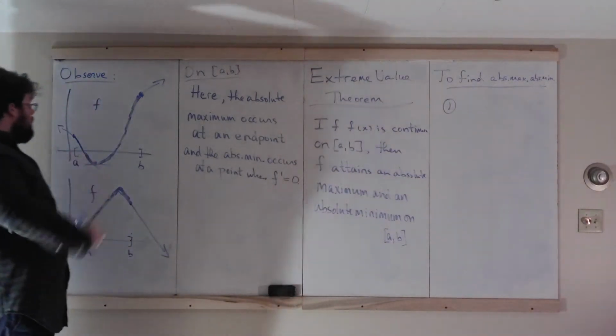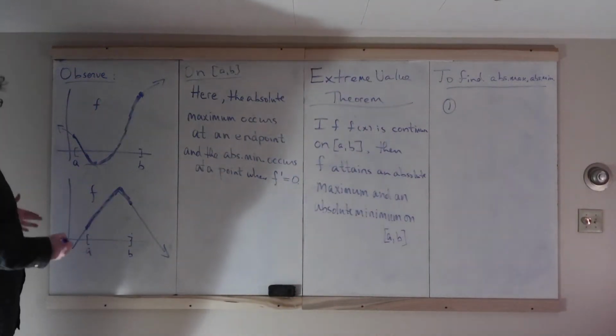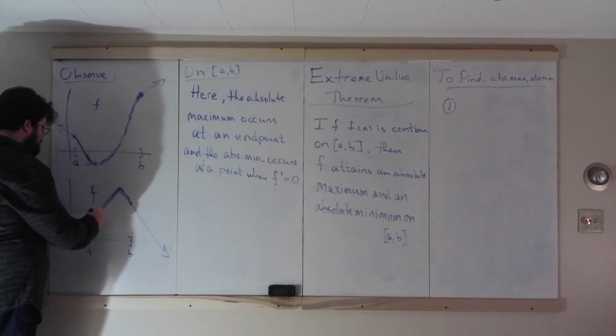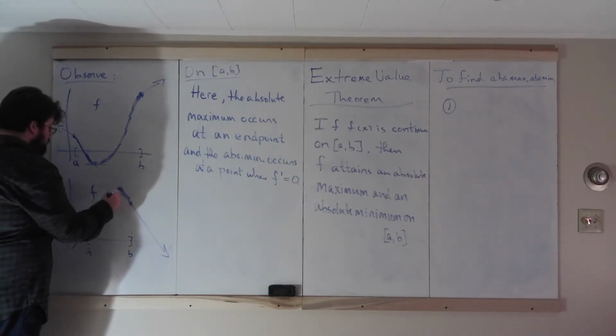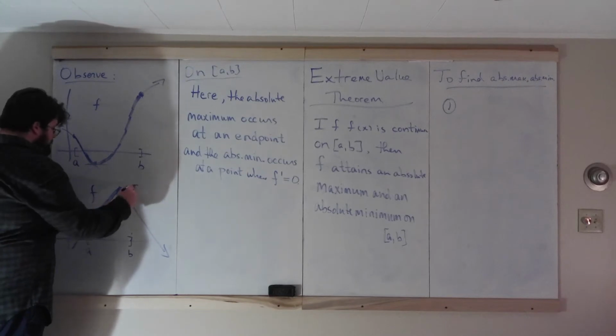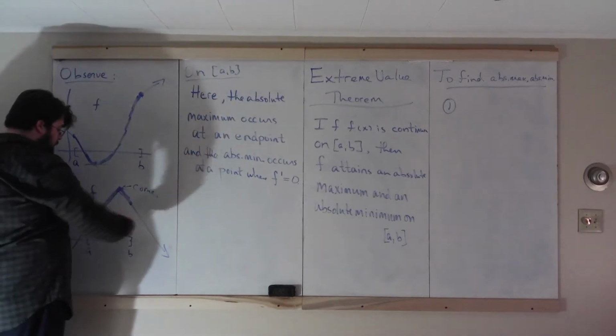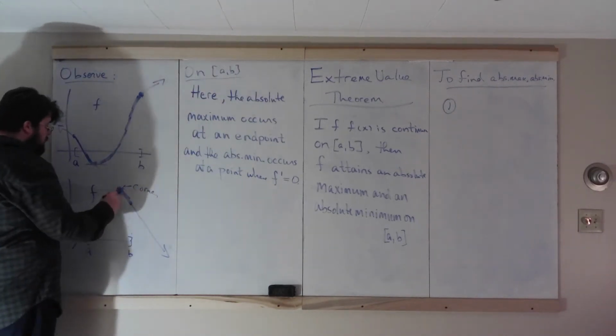Okay, that's one observation on one graph. What about the second graph? Where does the absolute maximum occur? This is supposed to come to a point, and with shading in, it might not look like a point, but that's a corner. Where does the absolute maximum occur on a to b? Well, the highest point is there.